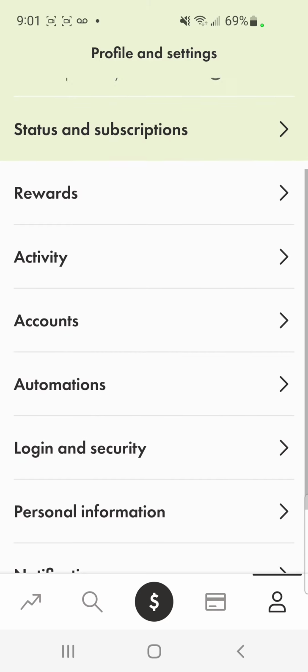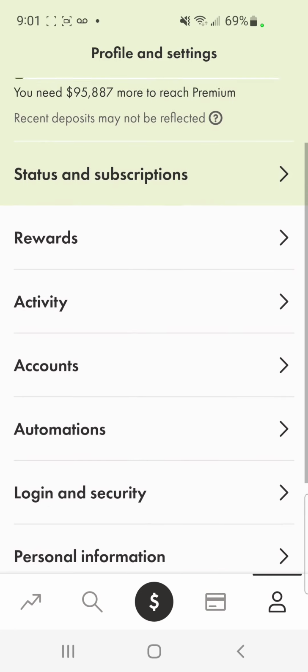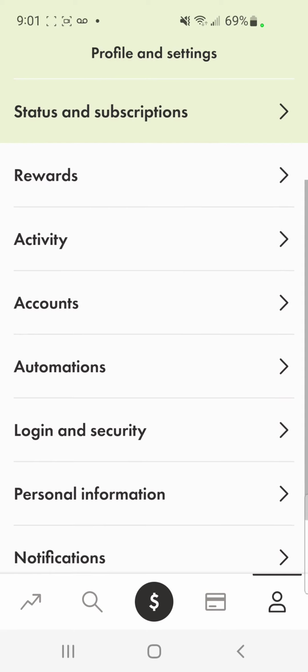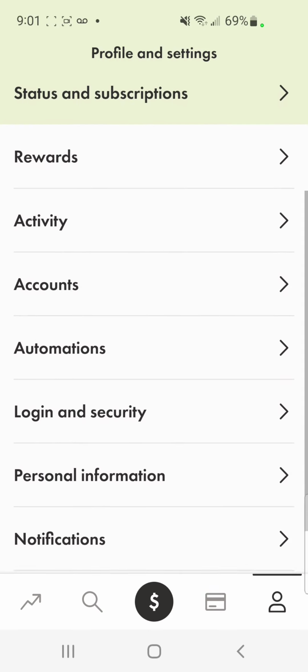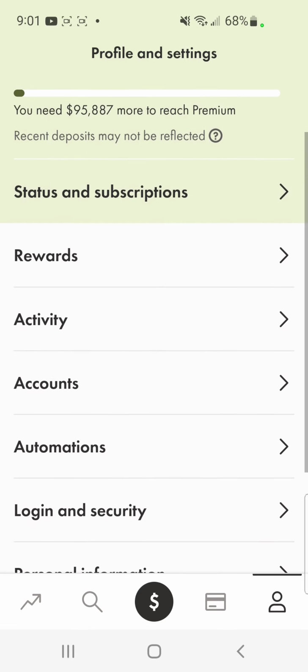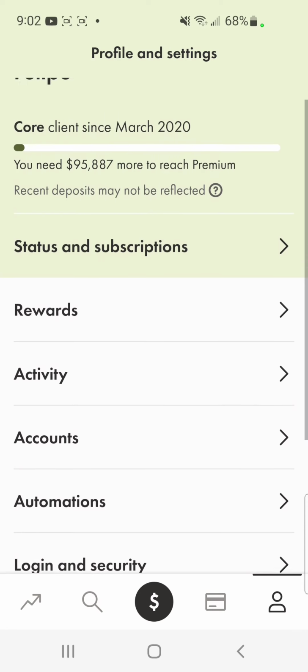Before, you could get an email sent to you, but I think it's different now. Automations, I think that allows you to do drips, although I heard Wealthsimple does drips differently, and I haven't done drips at all. Rewards just shows the stuff you got for your referrals.